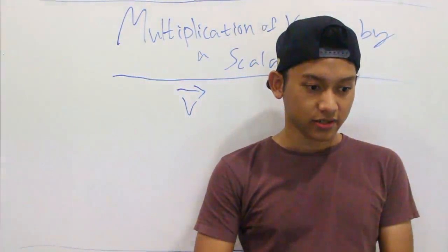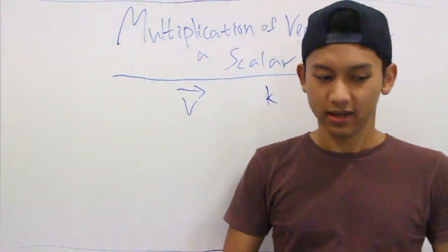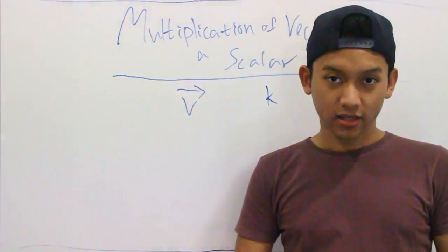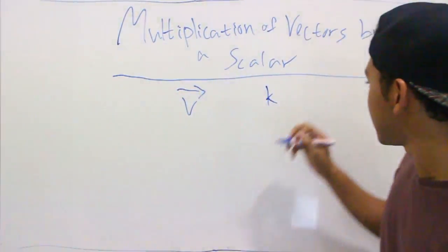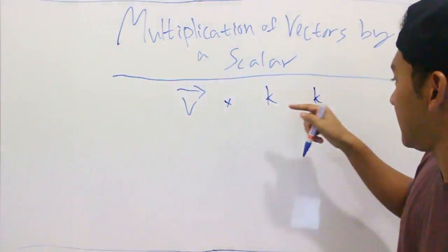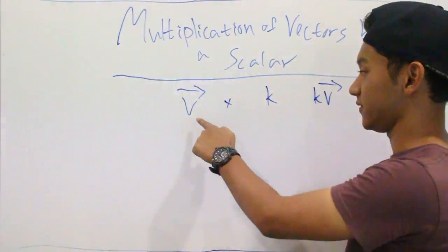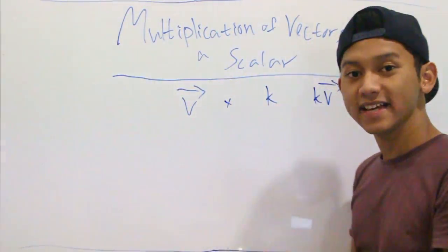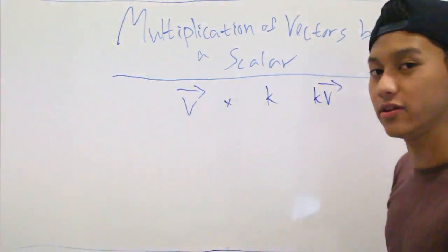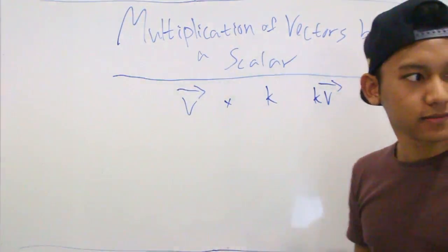By multiplying vector v by a scalar k, we obtain a new vector, kv. A scalar is any real number: 1, 2, 3, 4, any real number. Multiplying v by k, we get a new vector called kv.